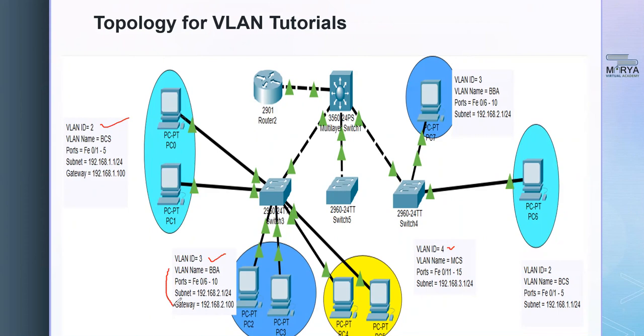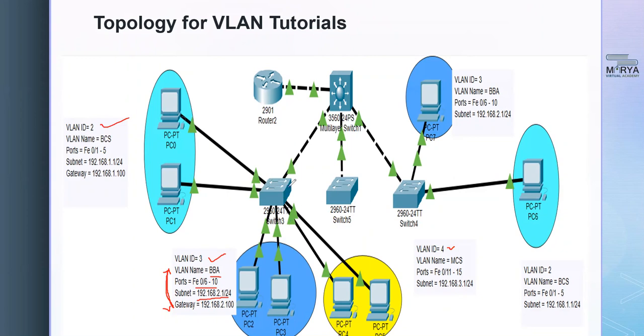Here are other details required during VLAN creation, like the VLAN name, the port ranges which I specified for the mentioned VLAN, and the subnet which I will use in the mentioned VLAN.